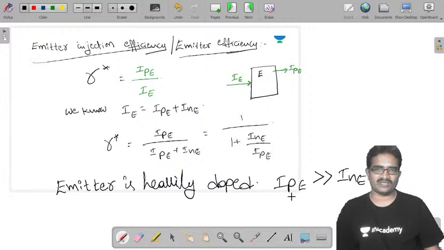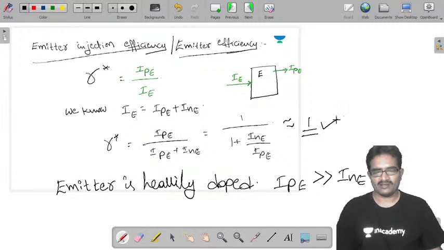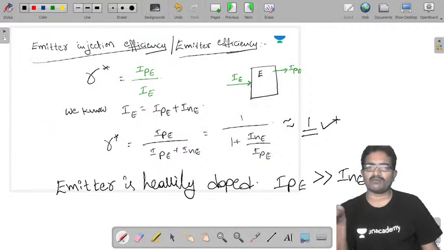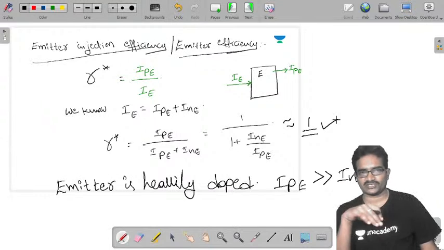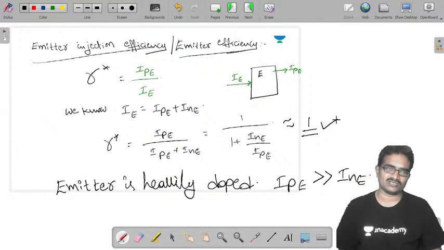So INE by IPE is very much less compared to 1. In that case, it can be written as approximately 1. If gamma star is very close to 1, that means your emitter efficiency is very high. The emitter is effectively emitting a large number of majority charge carriers. That is the meaning of that. Okay, this is about your emitter injection efficiency or emitter efficiency.